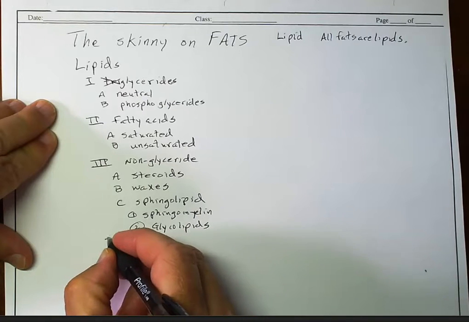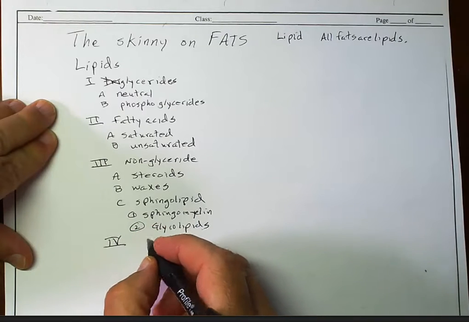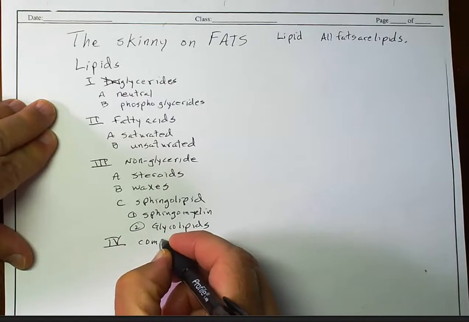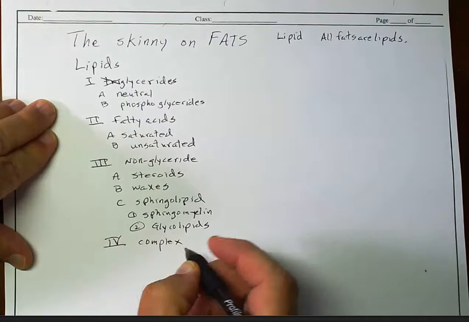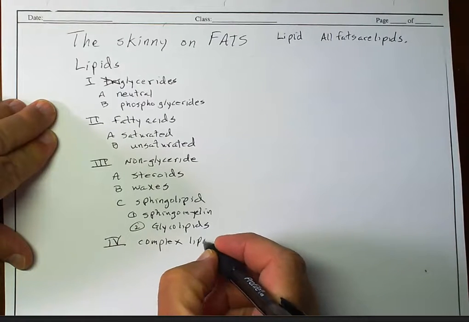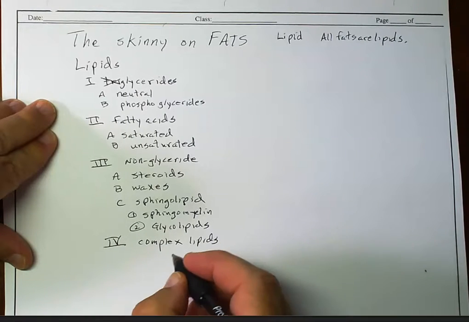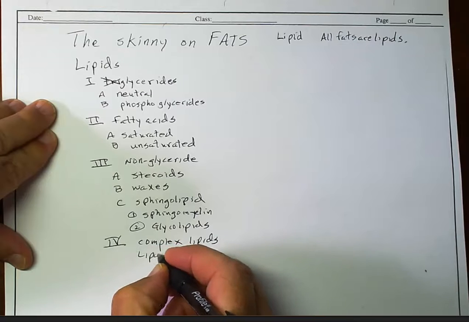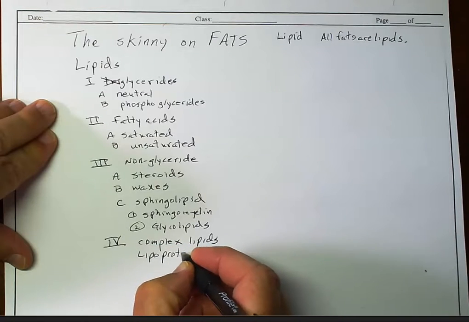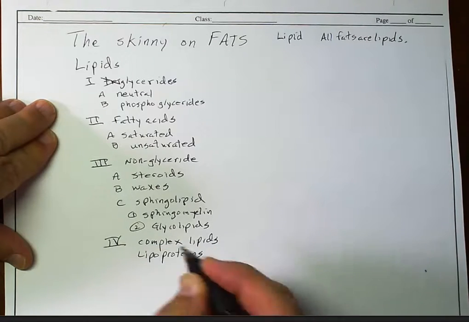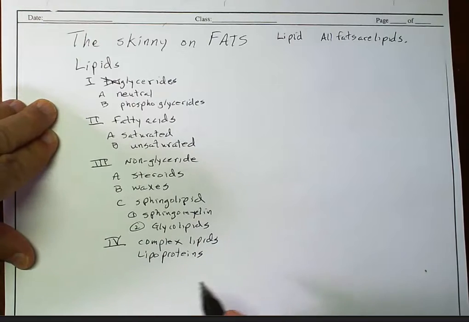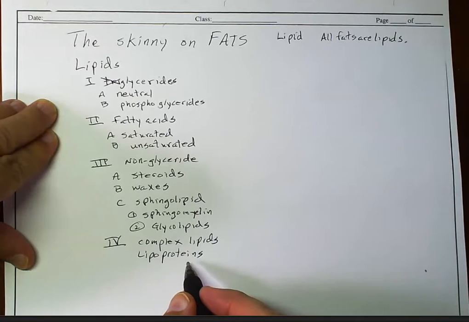And that fourth major category are complex lipids. And really only one thing falls under that heading, and that is lipoproteins. And I'll try to get to that here shortly. Lipoproteins, these are things that you will have heard of, like LDL and HDL.